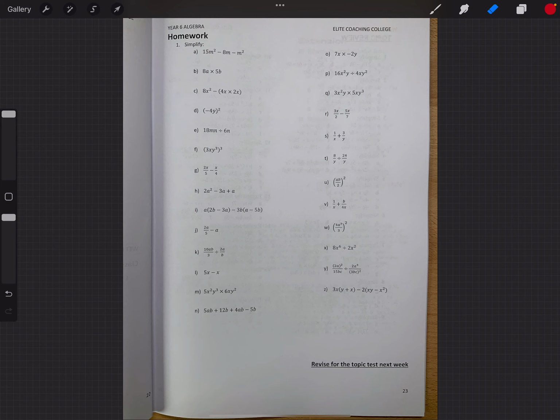Alright, next one I'm going to do on the left hand side now. So when we're dividing a fraction, we're going to get 10ab, let's leave this one as it is, and we're going to flip this upside down. So you're going to get b over 2a, and we change the divide into a times. Now we can simplify. So I can look at the 10 and the 2, I can divide them both by 2.